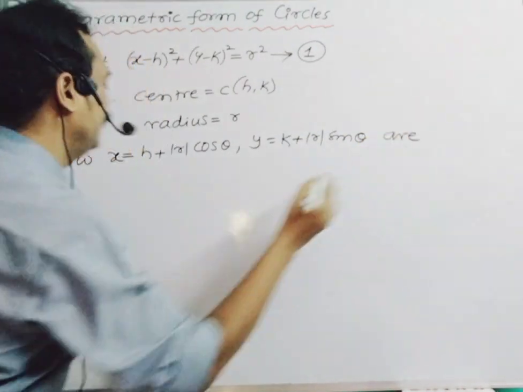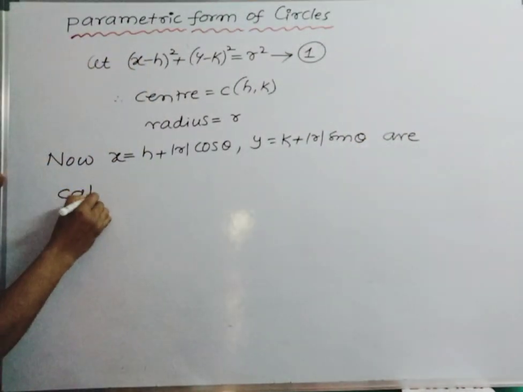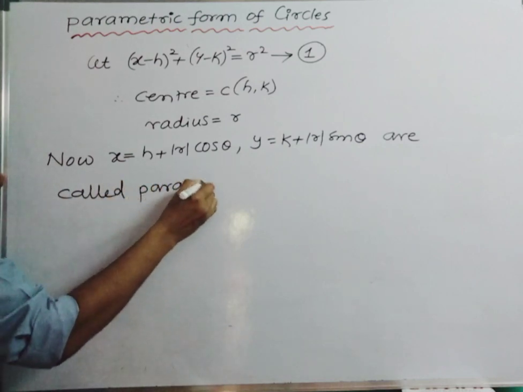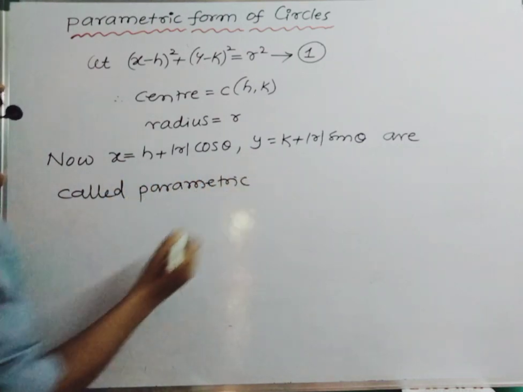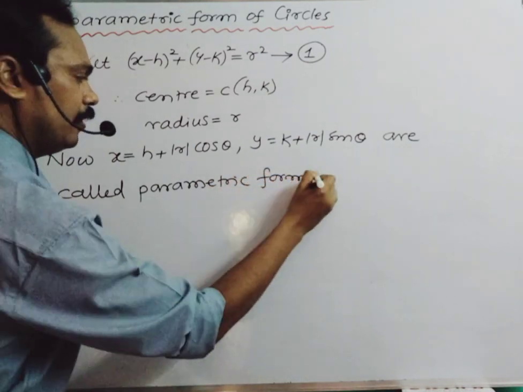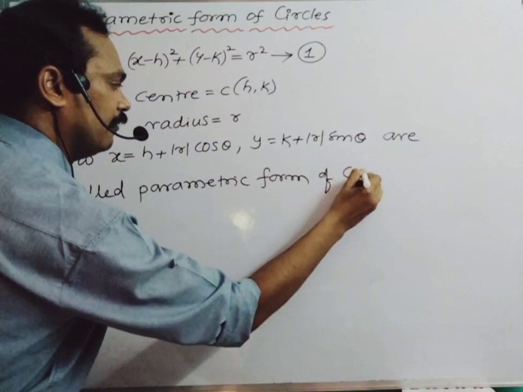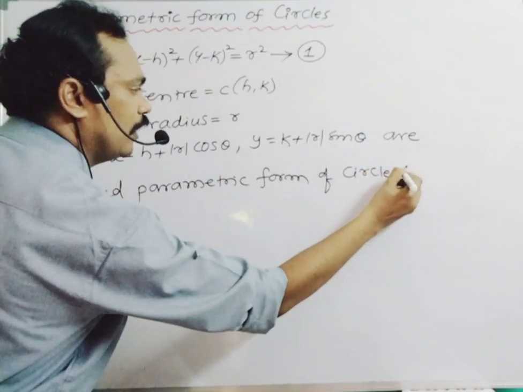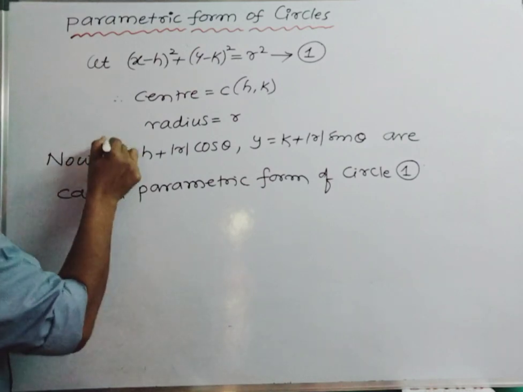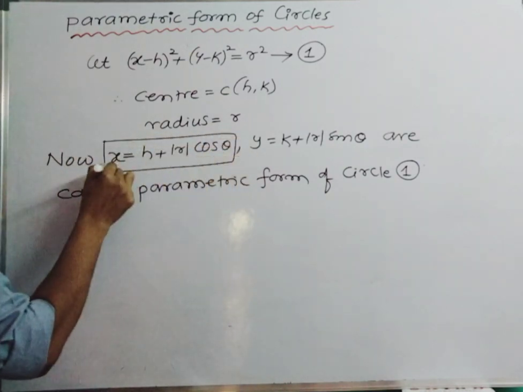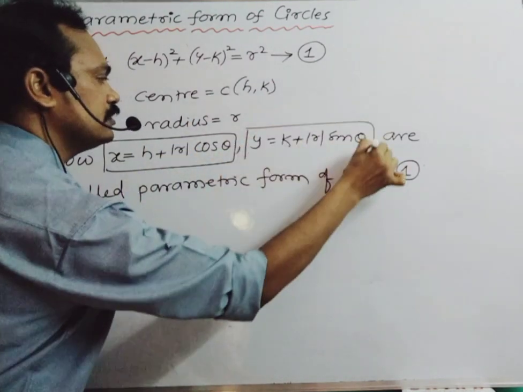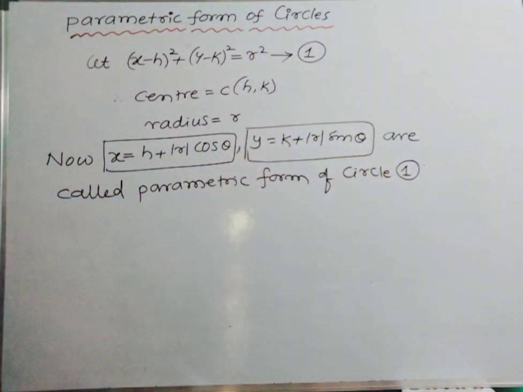These are called the parametric equations, the parametric form of a circle. Which circle? Circle 1. Sir, what is this? x equals h plus r cos theta, y equals k plus r sin theta.